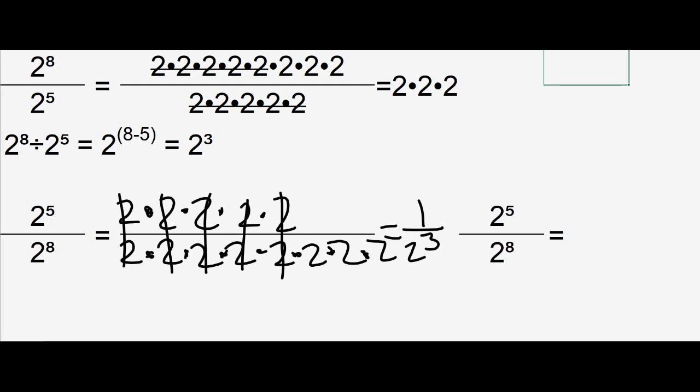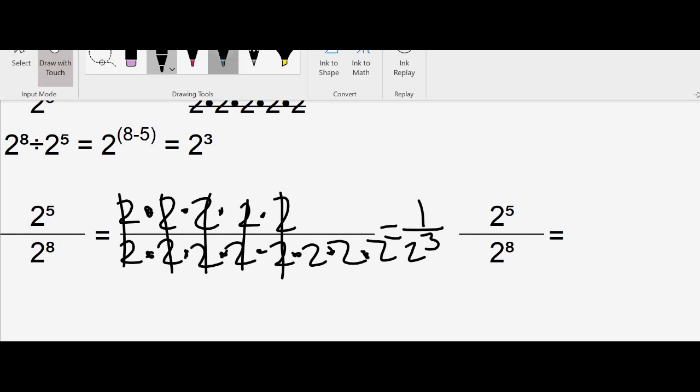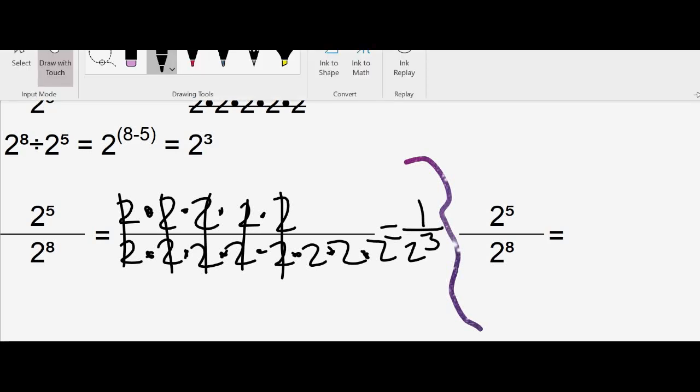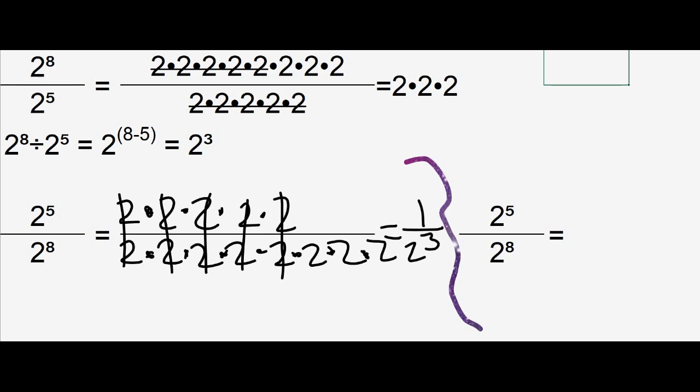I'm also going to use the subtraction rule, though, now, too. I'm going to put a little line in between those. If I do my subtraction rule, I now have 2 to the 5 minus 8, which is 2 to the negative 3 power.